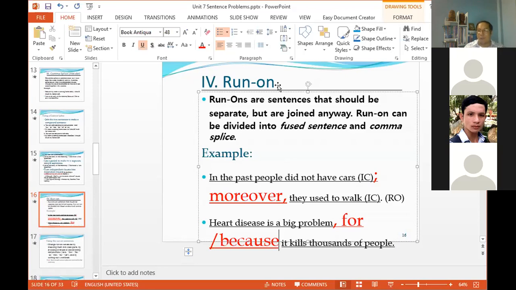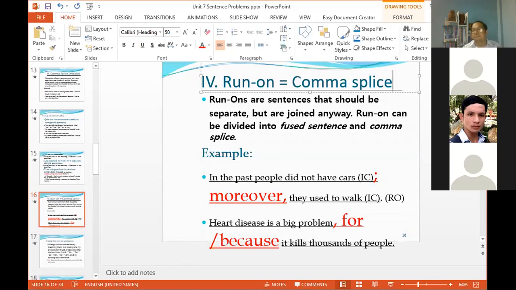And what is the same between run-on and comma splice? Anybody? What is the same here?